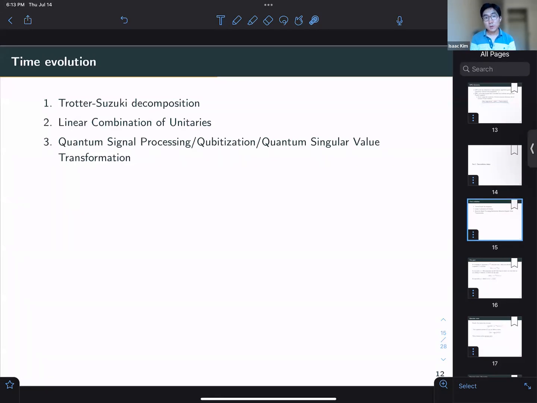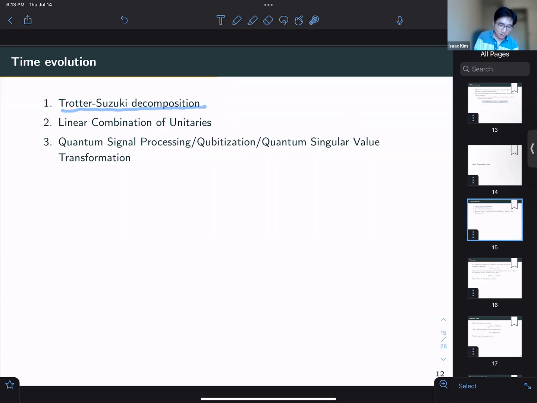So this time evolution, I hope I was able to convince you that there's a lot of application motivation for thinking about this. There has been a lot of very fruitful development over the past 20 years. The oldest of those, which I'm going to talk about in this lecture, is the Trotter-Suzuki decomposition. Once you see the formula, you'll see immediately what this is.